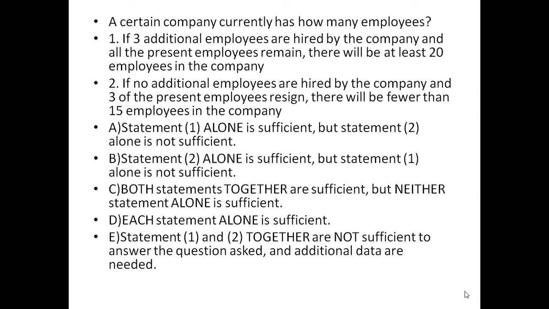When you see at least, fewer than, more than or less than, you have to be sure that you don't form an equation. You have an inequality in the expression that you form. That is something you need to pay attention to, and something you often miss. So let's see how we're going to solve this question now.